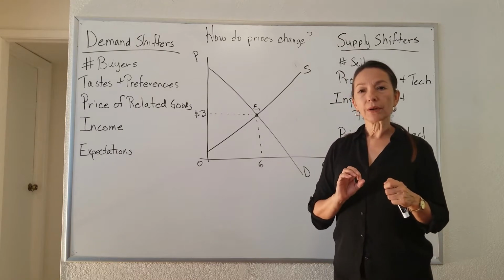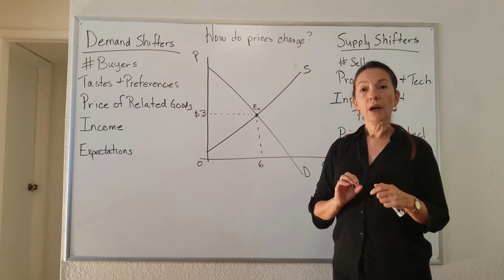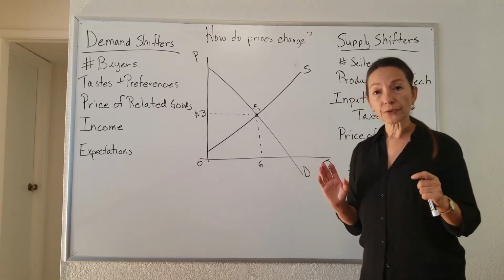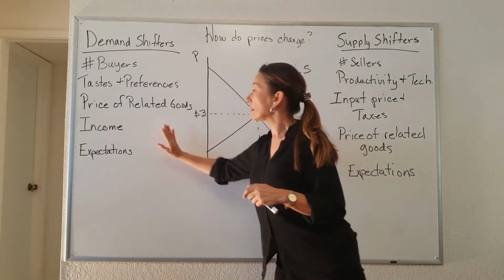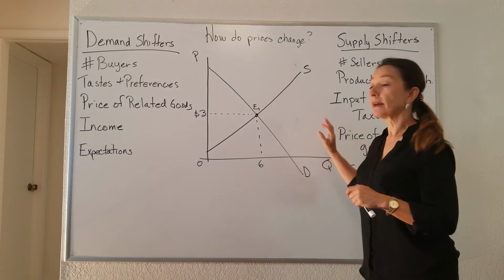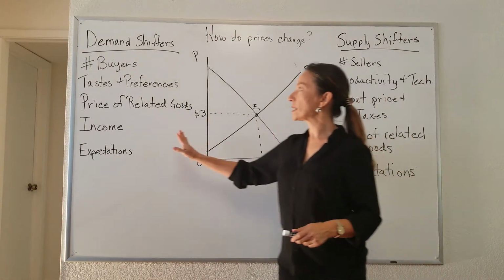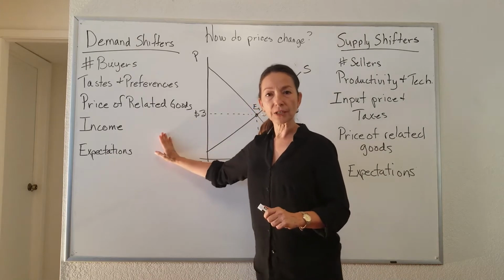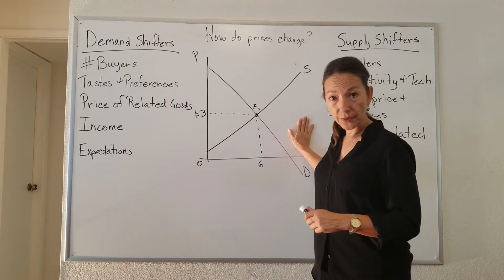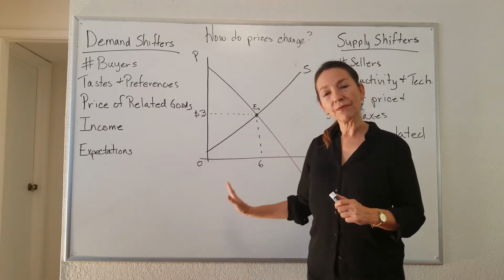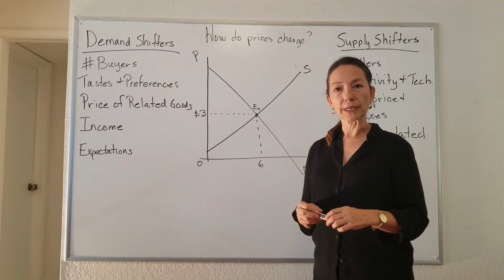Here is where our determinants, our assumptions, or our shifters about demand and supply come into play. You absolutely have to know these demand shifters and supply shifters so that you can figure out what's going to happen in the market.